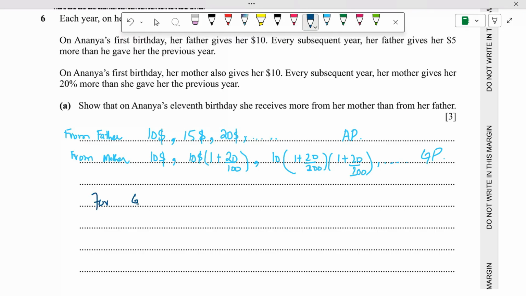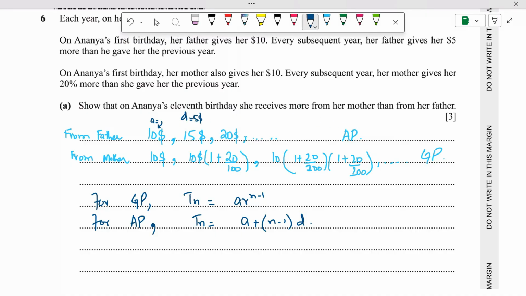For a geometric progression, we know that Tn is equal to ar to the power of n minus 1. And for an arithmetic progression, the nth term Tn is equal to a plus n minus 1 times d. So her father follows an arithmetic progression, where a is 10 and the difference is 5.